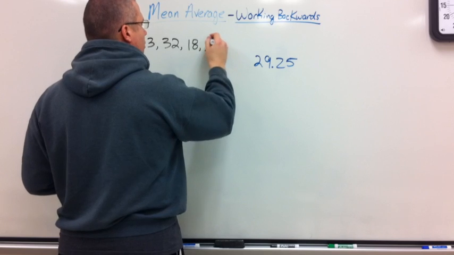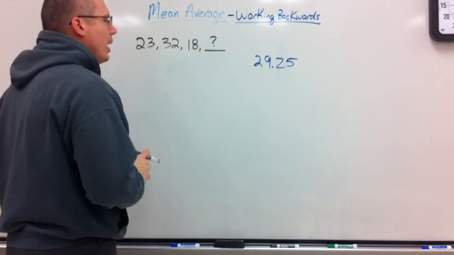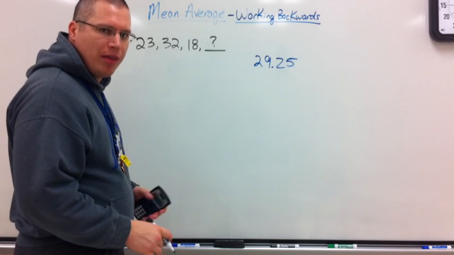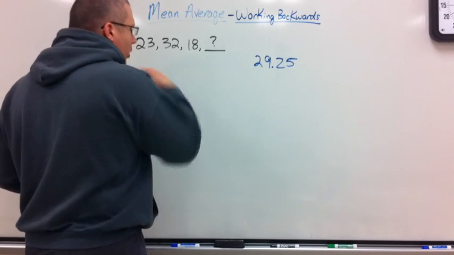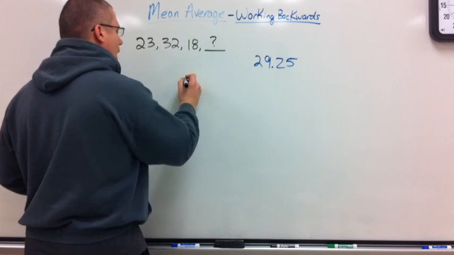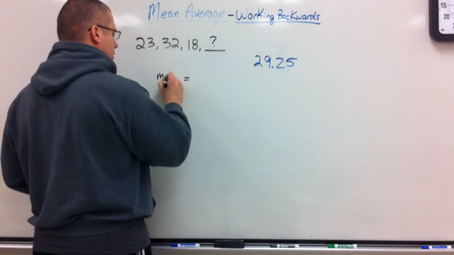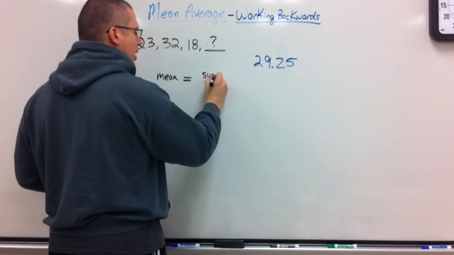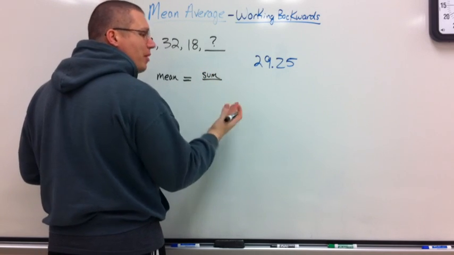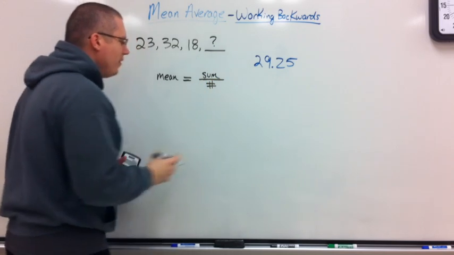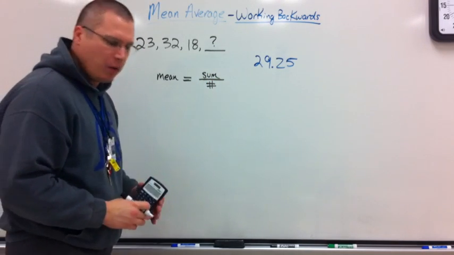So instead I'm going to put a question mark here. Okay? What we're going to do is create an equation, and then we're going to work to solve for the thing we don't know. Well, if I was to do averages, or mean average specifically, I know that the mean is equal to a division problem. The sum is my numerator, and the number of numbers is my denominator. So by definition, this is my formula or my equation.